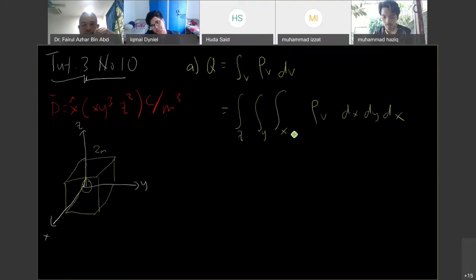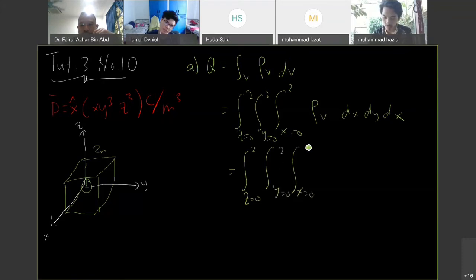The limit for x is from 0 until 2, y as well 0 until 2, and z as well 0 until 2. The rho v is not given to us, but it's okay, this is the expression for rho v.